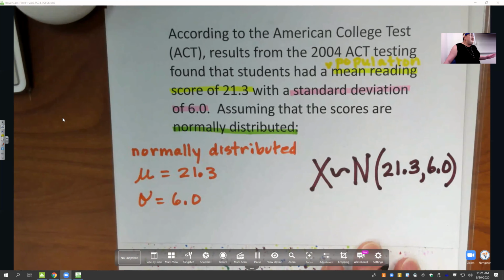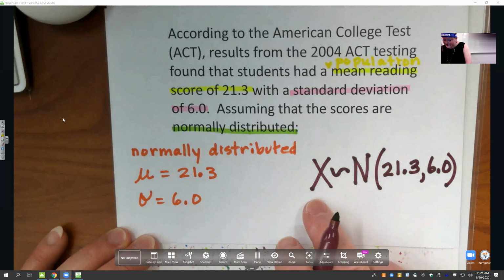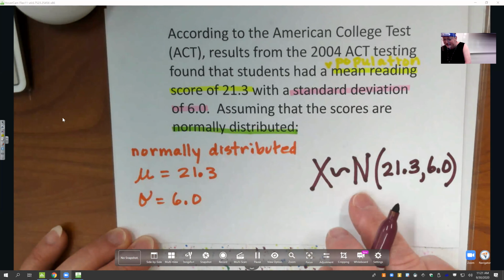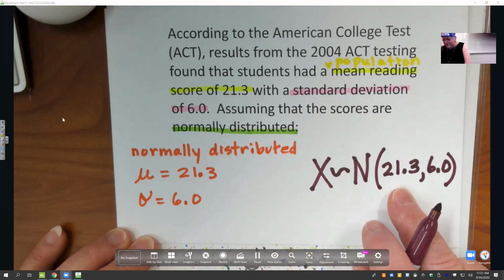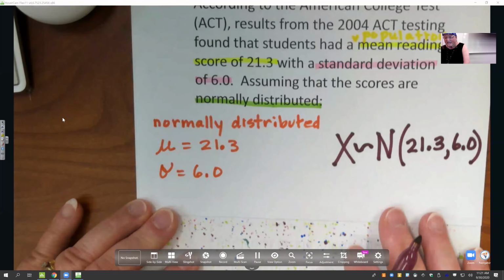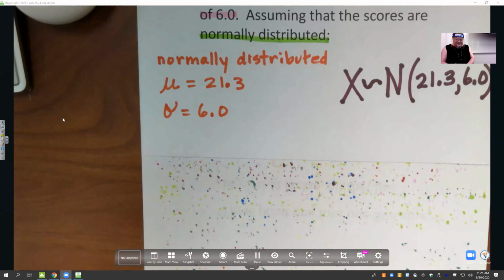That's kind of the fancy-dancy shorthand. I'm not getting caught up in that shorthand, but it says my variable, which in this case is your ACT scores, is approximately normal, N is for normal, with a mean of 21.3 and a standard deviation of 6. Okay, so that's my big scenario.